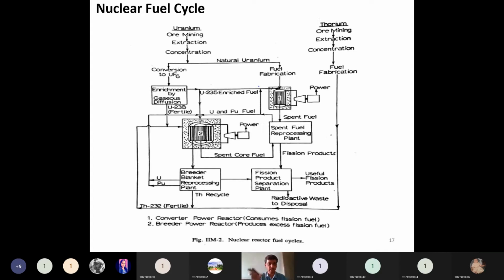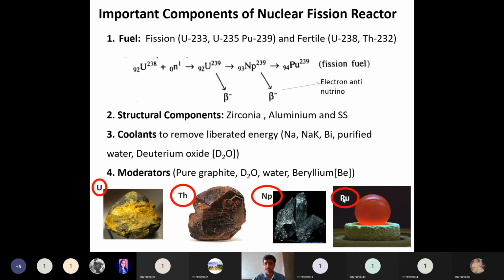So there has to be a collision between the moderator and those neutrons, with moderating materials like pure graphite, which is one type of moderating material. The next one is deuterium oxide, which is another moderating material, and water is also a moderating material. Deuterium oxide is called heavy water. This water is normal water. Then beryllium, Be, also acts as a moderator.